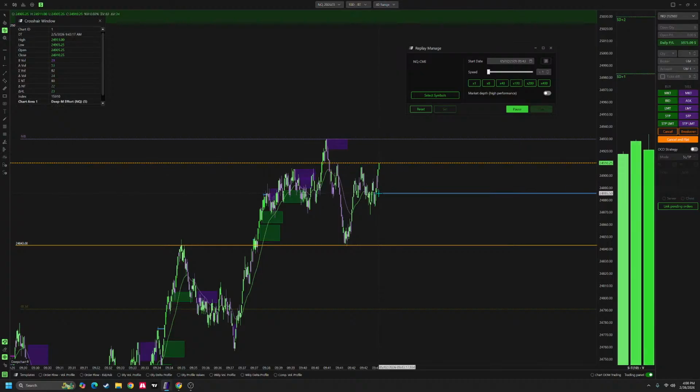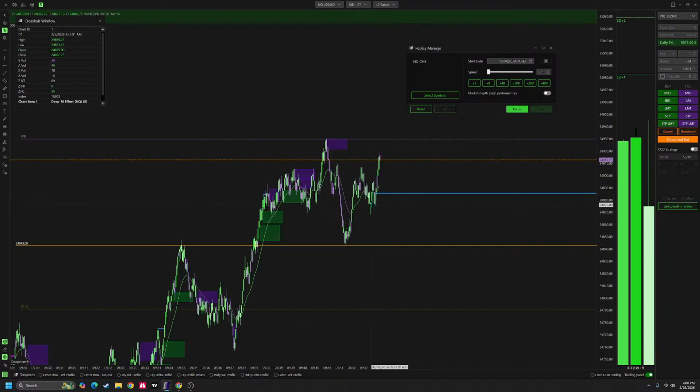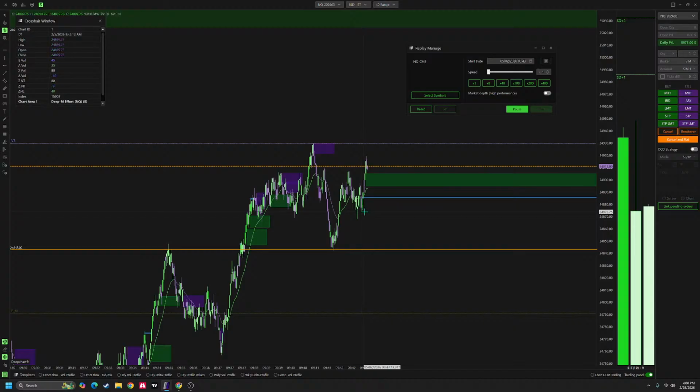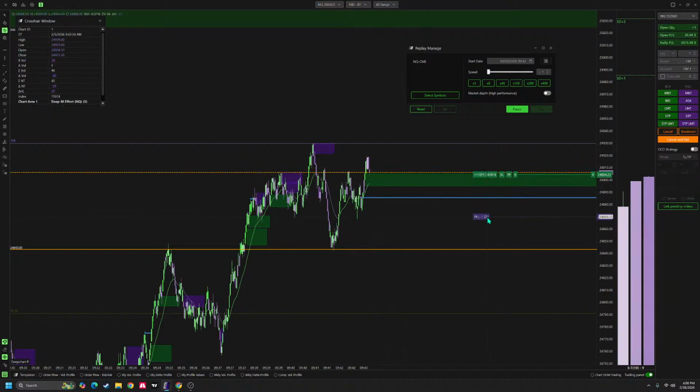So that was a valid zone, very tiny, but valid. So we likely would have had our stop behind this little doji here or hammer. We could definitely re-enter, stop loss behind the doji.